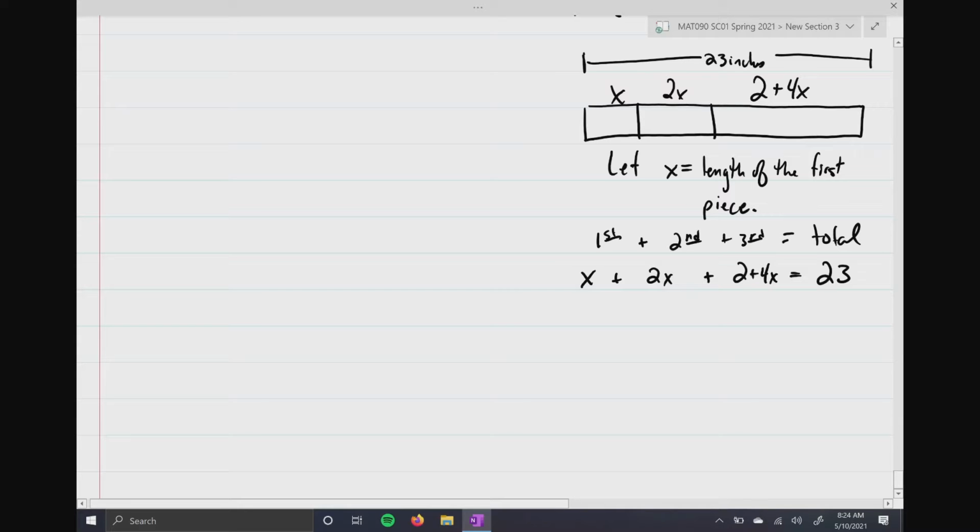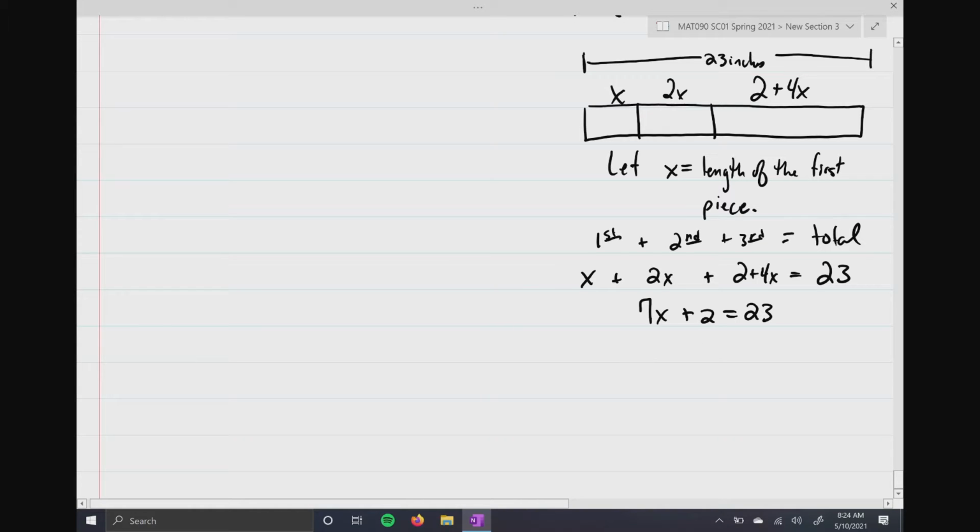From here, we have a linear equation because all the variables are raised to the first power. I don't see any fractions. I don't see any parentheses. So I'm going to group all my like terms on the left-hand side. X plus 2x is 3x plus 4x is 7x. Plus 2 equals 23.